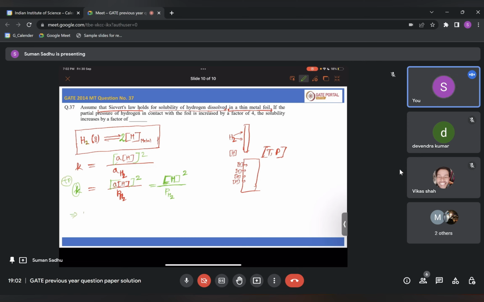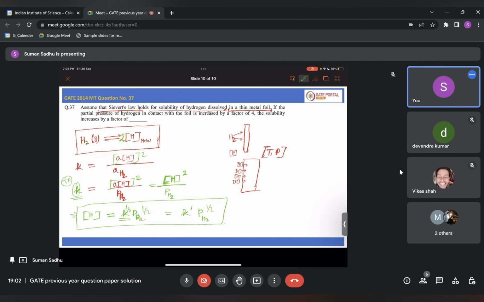Now, if you write the dissolved hydrogen concentration in terms of the partial pressure of hydrogen and the K value, it will be K to the power half into P of hydrogen to the power half. If you replace this constant with another constant, K prime, it is K prime PH2 to the power half. So this is the equation.